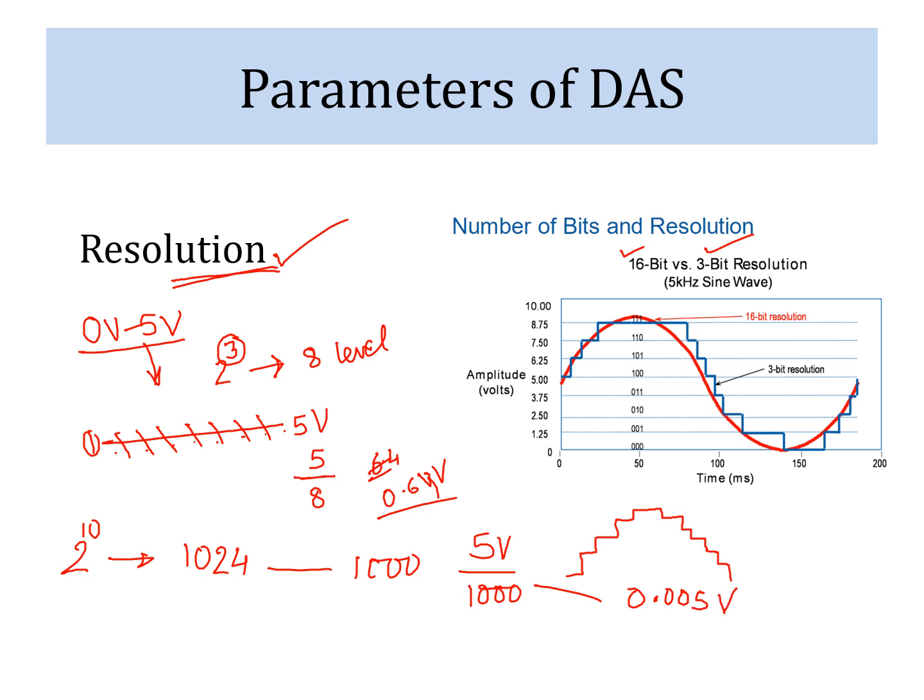So see the difference. As we increase the resolution, we can measure the input signal, or quantize the analog signal, into a very highly resolving signal. So that is the advantage of high resolution data acquisition systems.